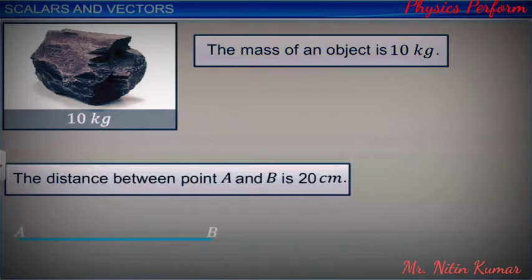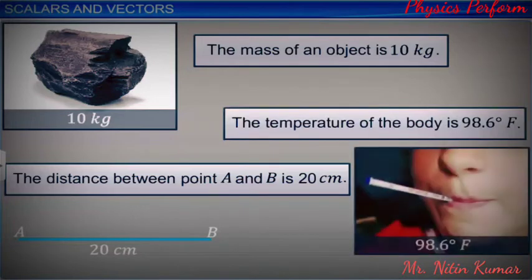Likewise, the temperature of a body and the time at which an event takes place are described completely by a number along with corresponding units. A number along with a unit that represents the measure of a physical quantity is called its magnitude. Thus, mass, distance, and temperature are scalars.